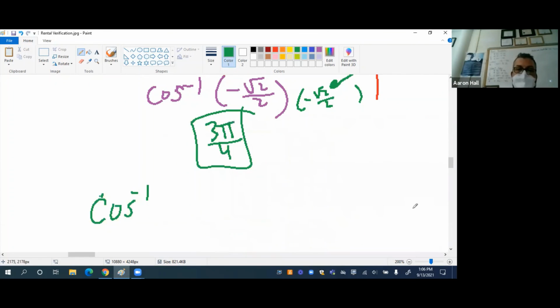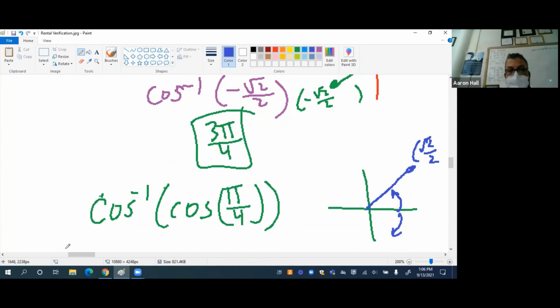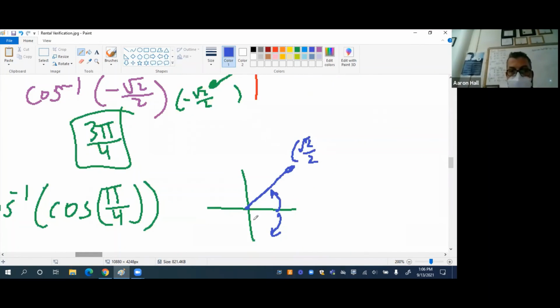If I do inverse of cosine of cosine of pi fourths, it's more logical why you choose this rotation here, which gives the square root of 2 over 2, compared to this rotation here, which is also going to be what for my x value? Square root of 2 over 2. It's more logical that you're going to go here, right?